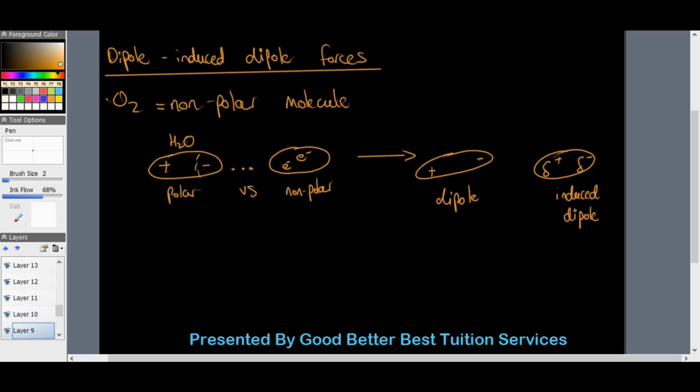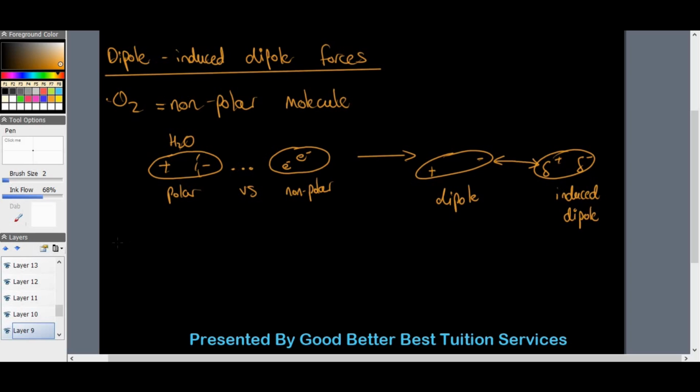A dipole has been induced in the otherwise non-polar oxygen molecule. And the H2O and O2 molecules can now be attracted to each other. I'm just going to use these arrows to show attraction.